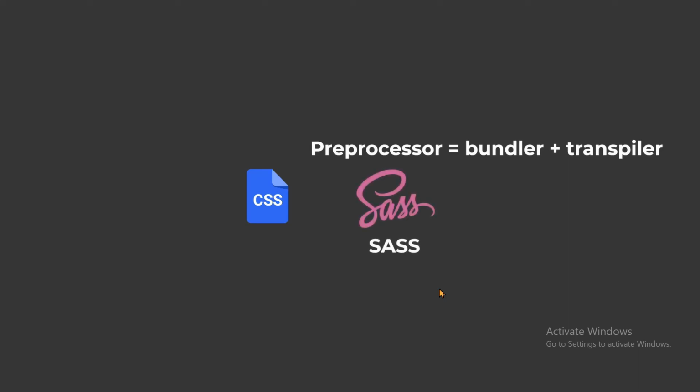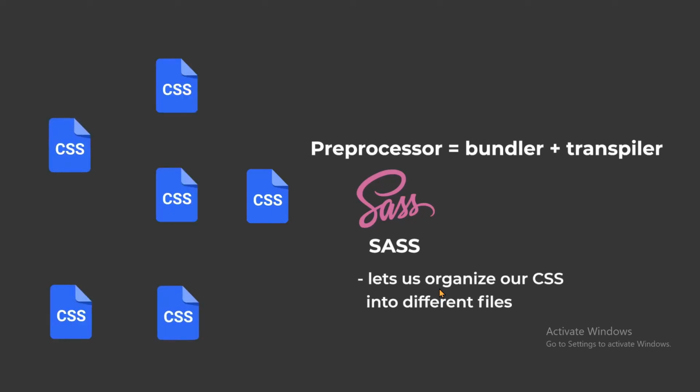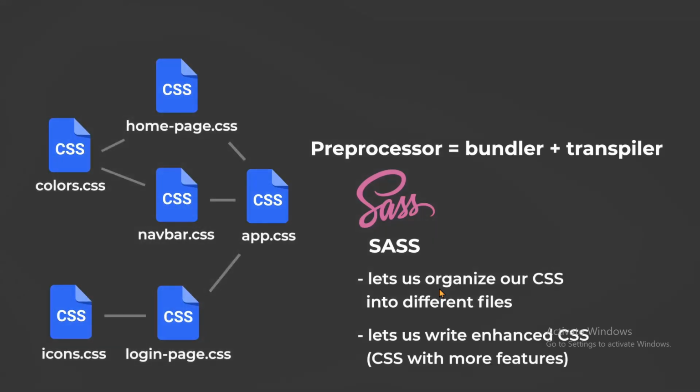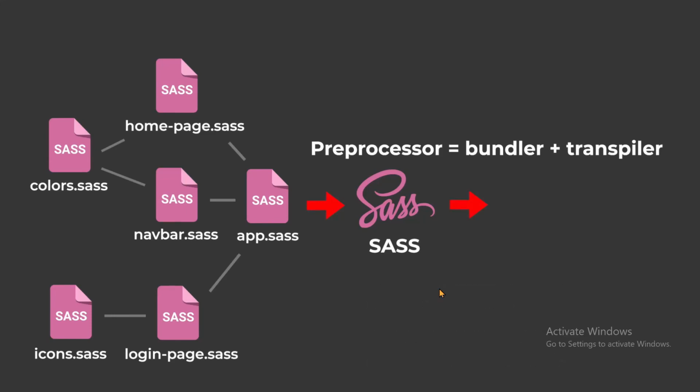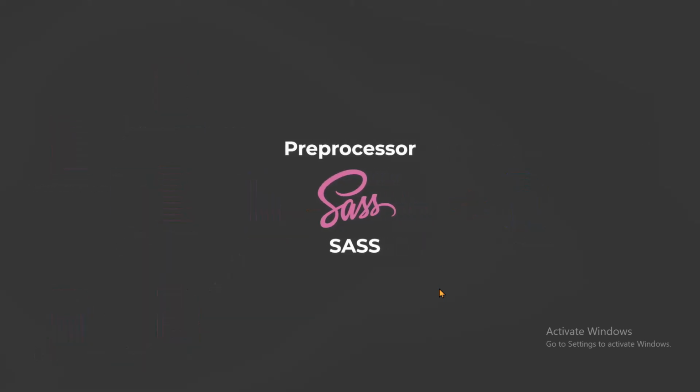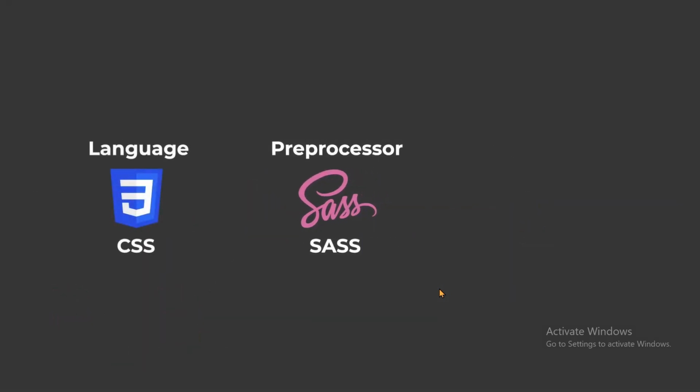The most popular CSS preprocessor you'll definitely hear about is Sass. Sass lets us organize our CSS into different files, and lets us enhance the CSS with more features, and then bundles all those files into one file, app.css, and transforms the enhanced CSS back into normal CSS. So a bundler and transpiler combined.